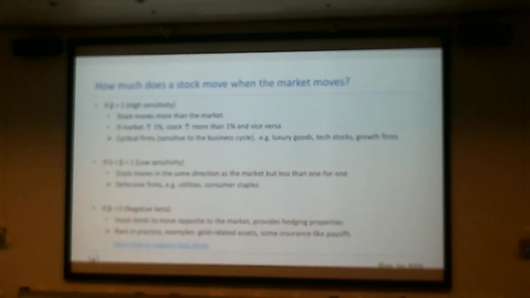But these are also the things that are first cut if things go bad. Think about if you lose your job: you will still buy food, you will still need to pay your energy bill, but you will probably postpone the new watch or the new iPhone or whatever. So a beta larger than 1 means that these stocks go even better than the market if the overall economy goes well, but they also go worse than the market if things go bad.